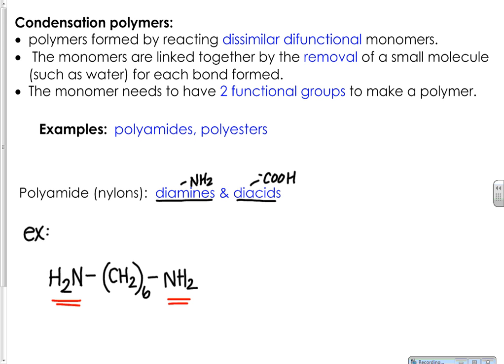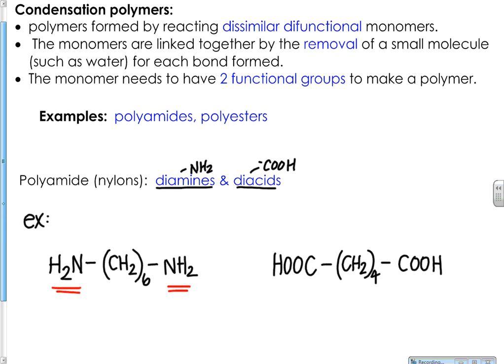If we were to look at some diacid, we can do the COOH, I'm just writing it a little bit backwards here, and we'll make some carbon chain in the middle again. And then on the other hand, we have to have the same functional group. So that's difunctional.